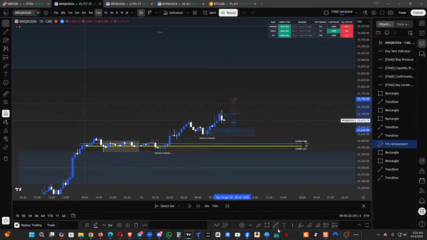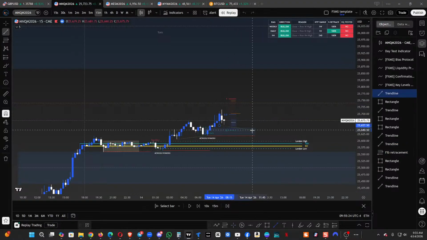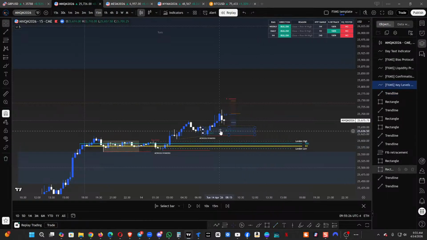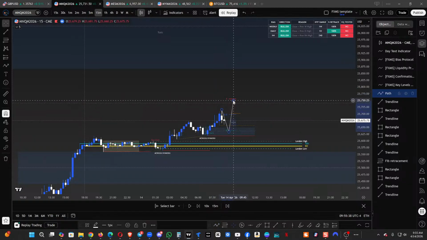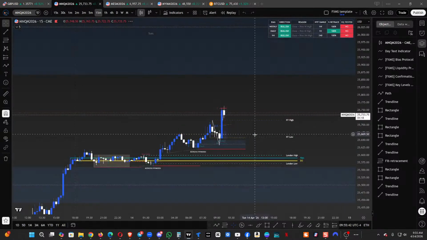I said that potentially there's going to be this swing low that's formed before the open. And then we get a run into this order block here, sweeping out this internal level, right? And then hitting that and then giving us a move up to our draw on liquidity, right? Lo and behold, that's what happened.